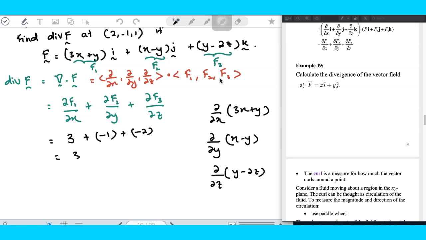So you have 3 minus 1 minus 2. So you will get 0, meaning that your divergence is 0.